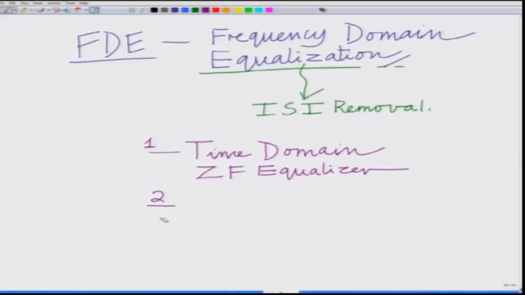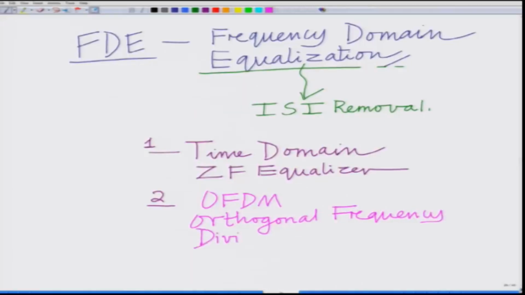Technique 2 is basically your OFDM, orthogonal frequency division multiplexing, and this is basically the third technique that we are going to look at now, that is termed as FDE or frequency domain equalization.